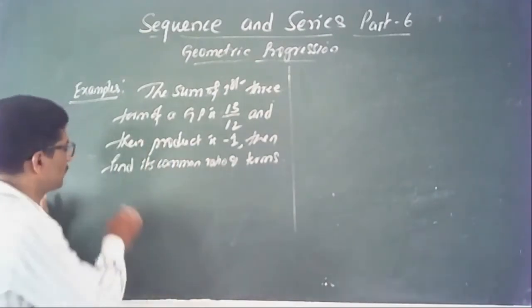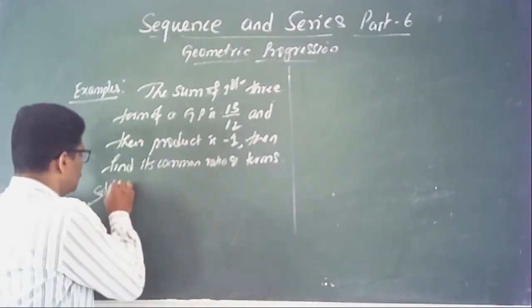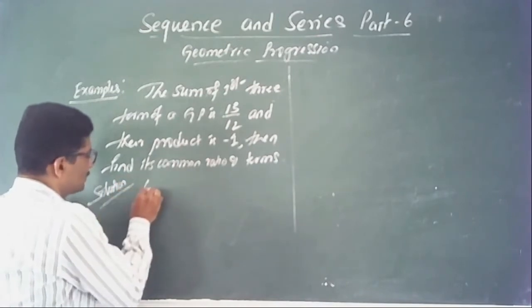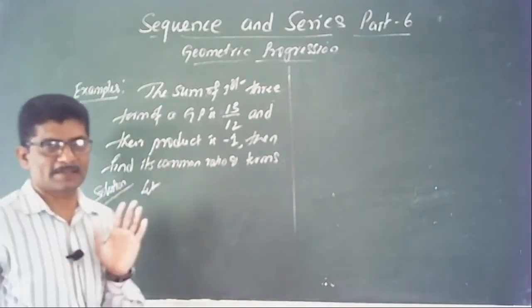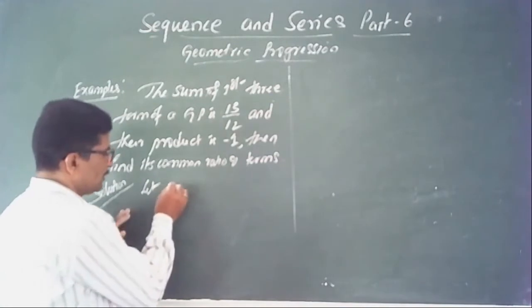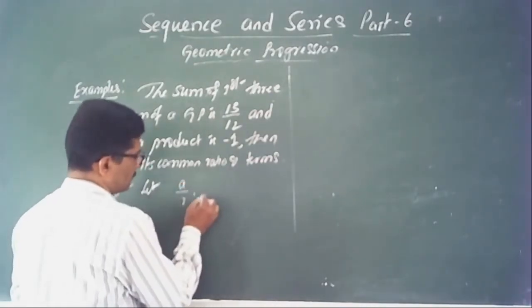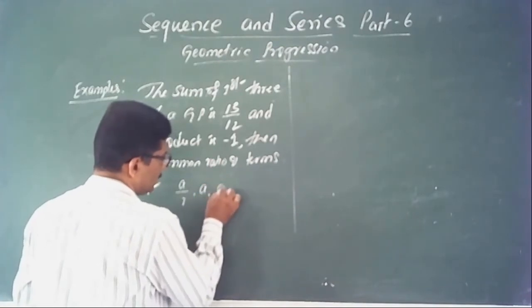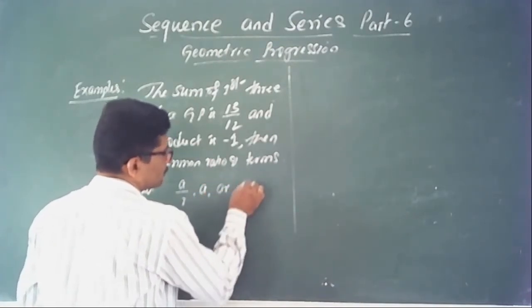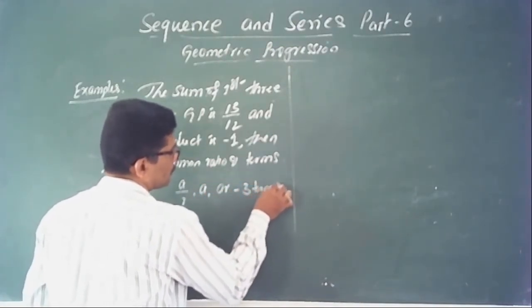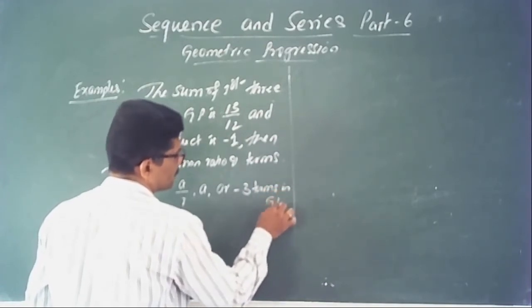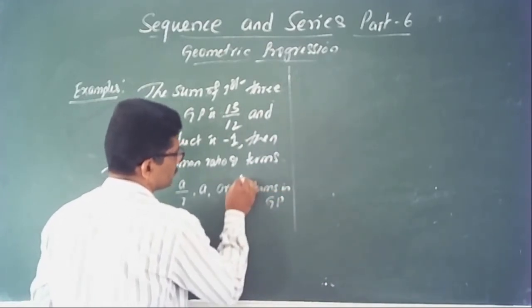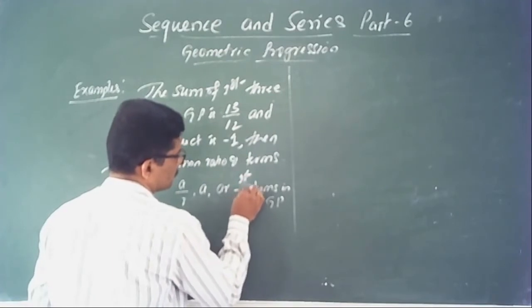You can solve easily if you think and write, not write mechanically. First, let us assume that a by r is the first term, a, ar are the first 3 terms in GP.